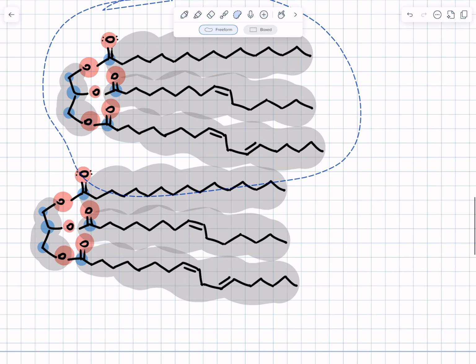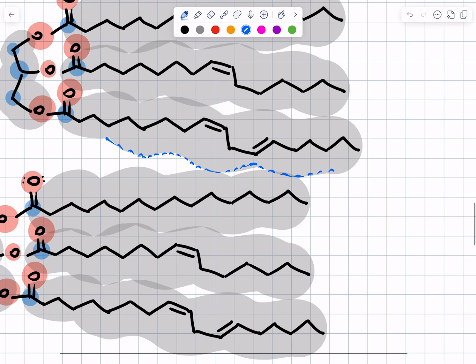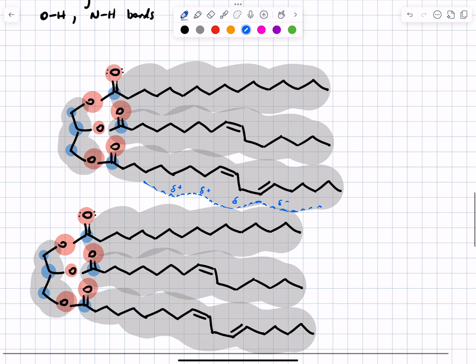Electrons are that way. So what happens, and this is just a snapshot in time, at one period of time, the electrons in the triglyceride on top will lean away from the molecule below to create a surface on the bottom half that is partially positively charged. Why? Because the electrons are leaning in the other direction.